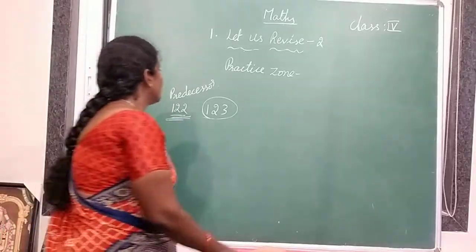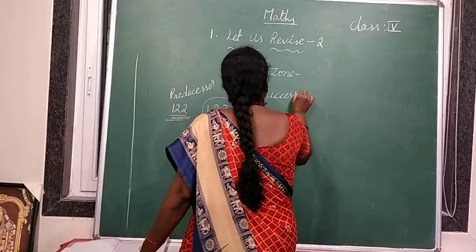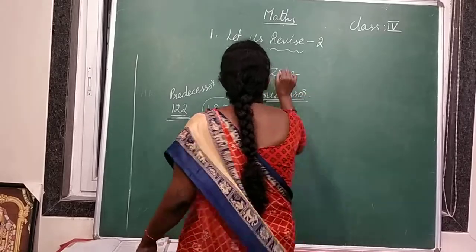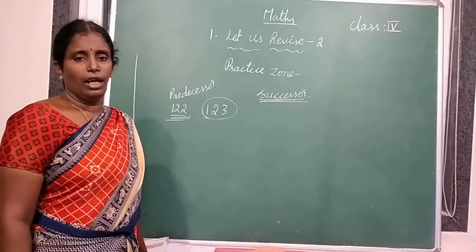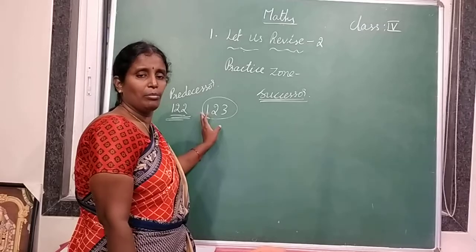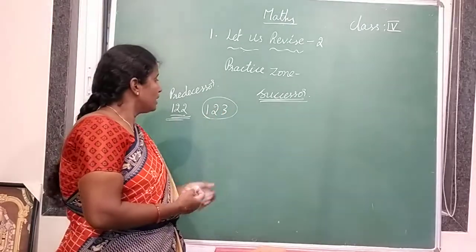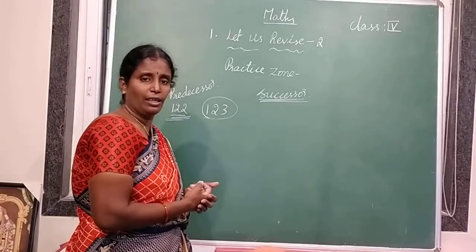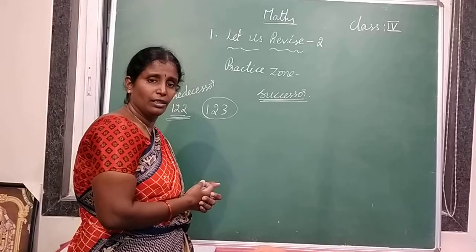And next is successor. Successor is nothing but the after number, just after. Understood? The number that comes after the given number. So which number comes after 123?